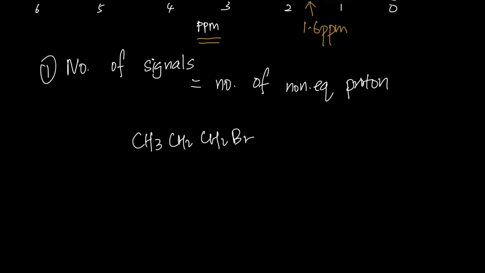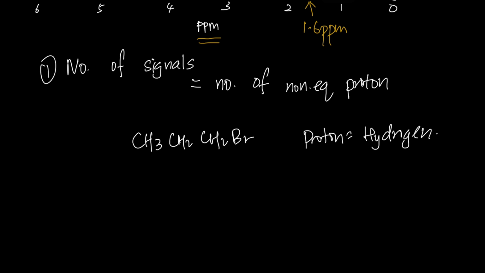Proton is hydrogen here, and the signals on the Proton NMR are all given by protons, by hydrogen. Here in this structure, CH3CH2CH2Br, you can see in total there are 7 protons.